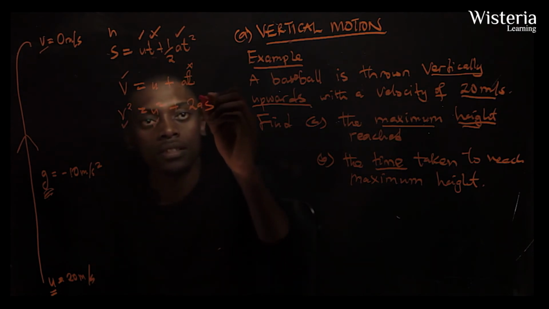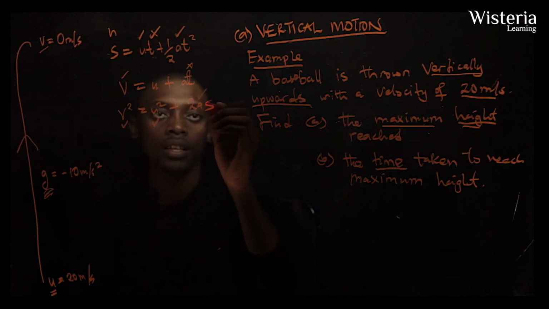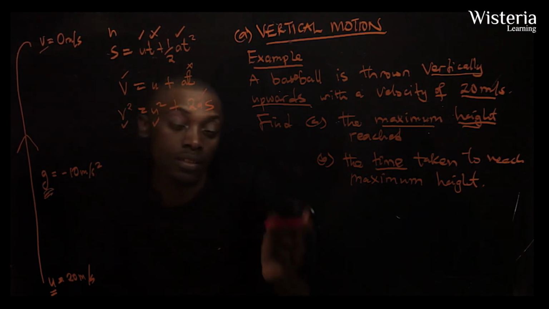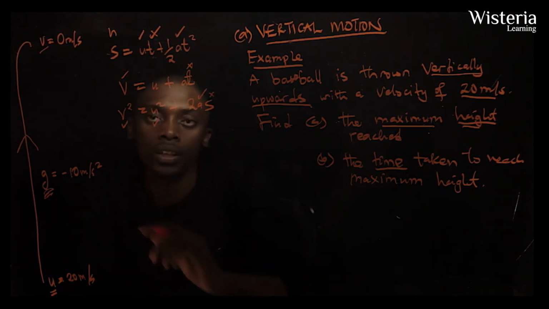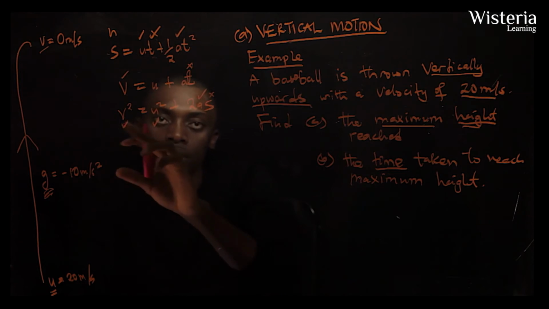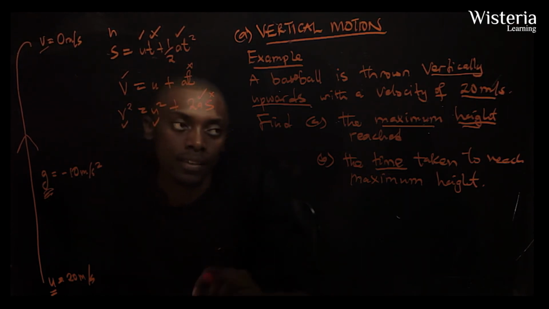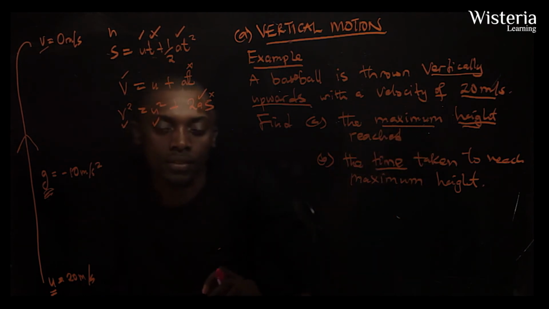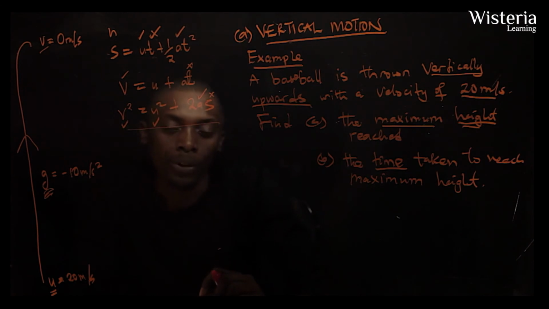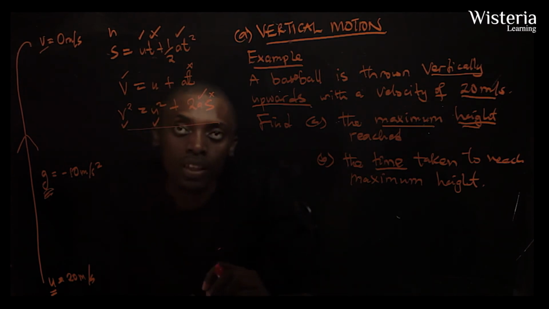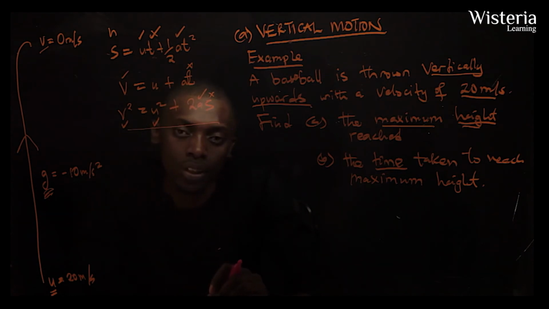Then there is also the acceleration due to gravity, negative 10. And S is the distance, in this case h, which is what we want. So we can see that in this equation there's only one variable missing, and it is the height, which is the one we've been asked to find. So this is the equation that we use. In short, you find an equation that has all the variables stated in the question.